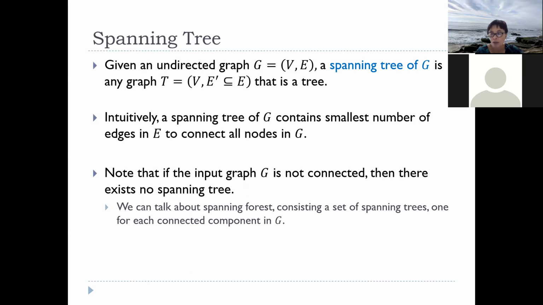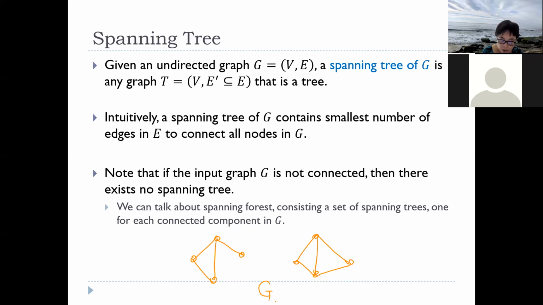Now, obviously, if your input graph is not connected, then you cannot find a subset of edges that connects all the nodes, right? So there doesn't exist any spanning tree in that case. But in the literature, sometimes you can still talk about the spanning forest, which consists of a set of spanning trees, one for each connected component in G. So for example, if this is my input G, these are not connected, so I cannot find a spanning tree of this.